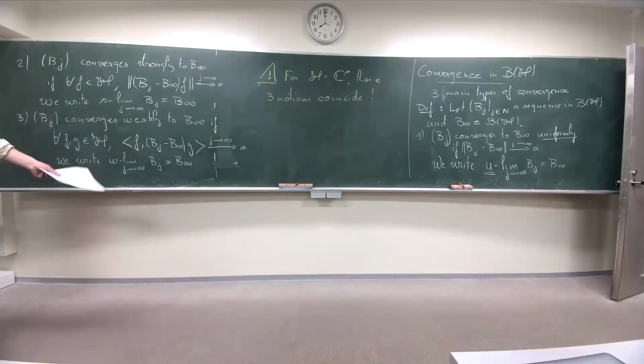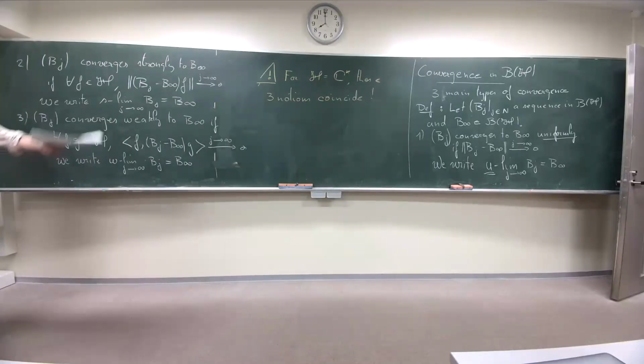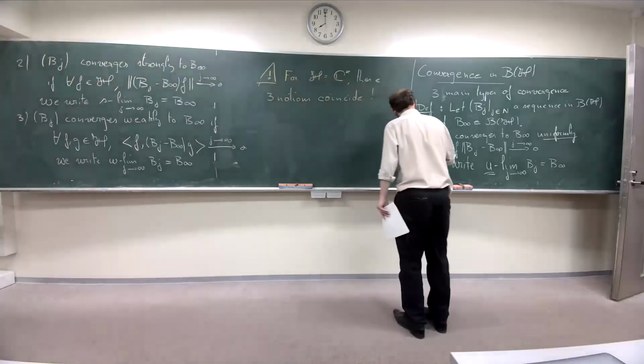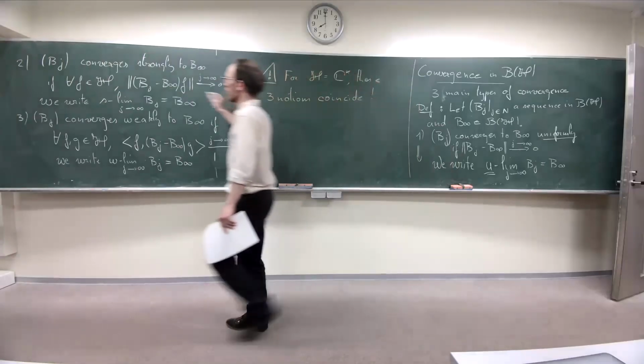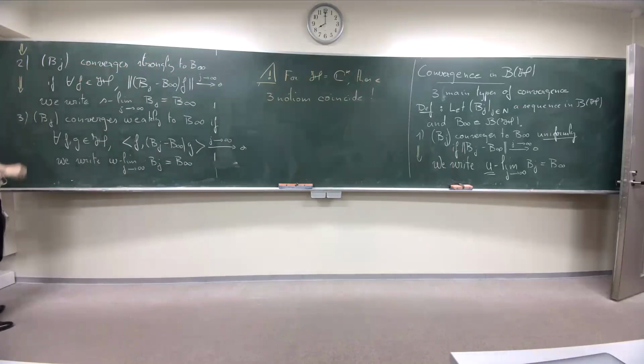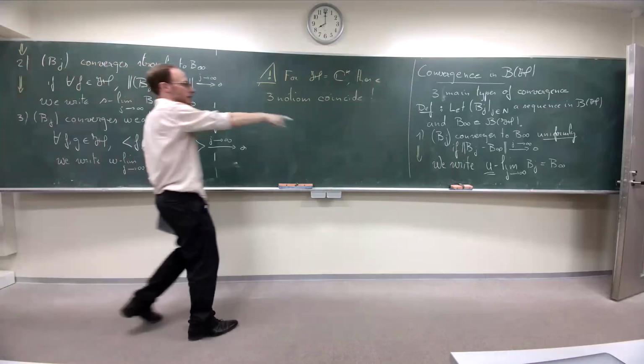Can you guess which one is the stronger one? It's easy, it's uniform. Because you can check that 1 implies 2, and 2 implies 3. Why? Because let's check the first one.